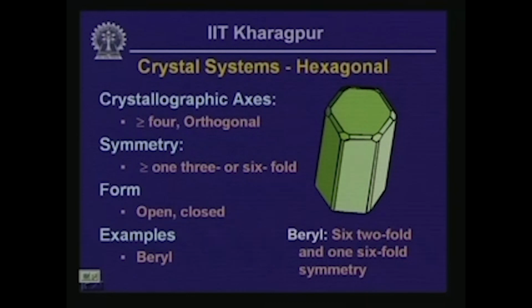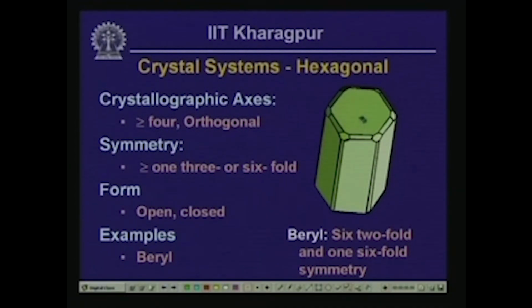Let me consider the example given here, that of beryl. In this case, one of the axes is going to be like this, and then perpendicular to it will be 6 axes. So, 3 to the center of the 3 faces that you can see in the front, and another 3 axes on the back side.